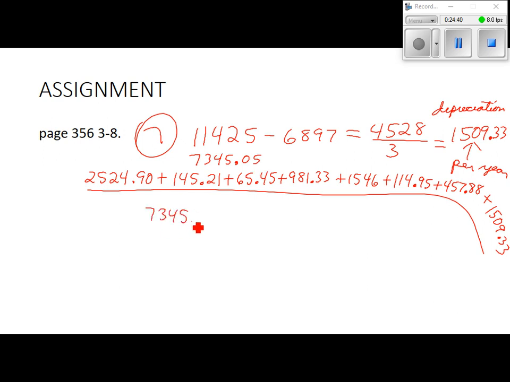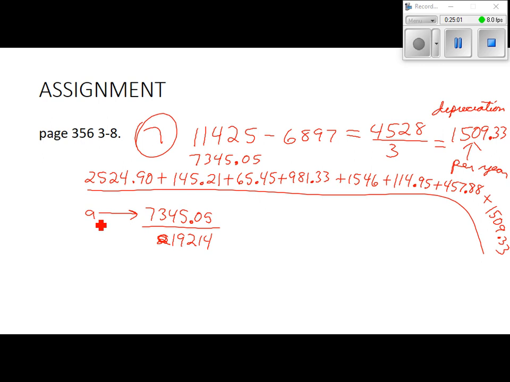Nina drove 19,214 miles this year. So, first thing, what number are we on, number 7? Yeah. This is our first answer, that's the answer to part A. 7,314.45.